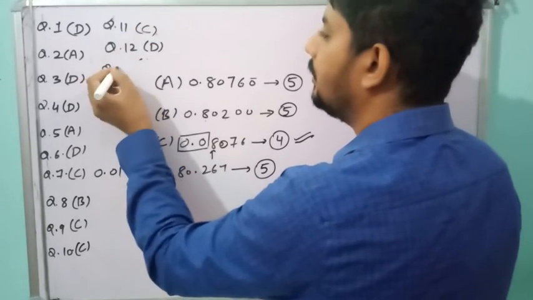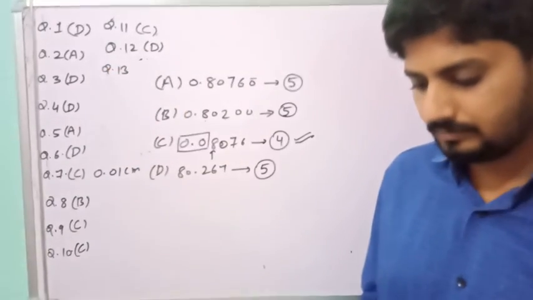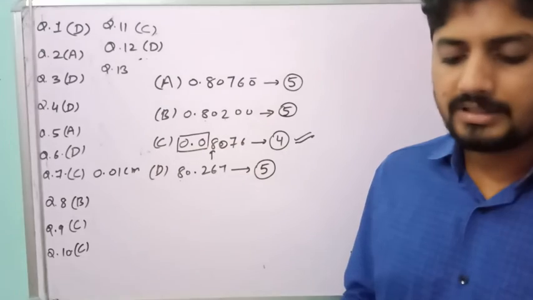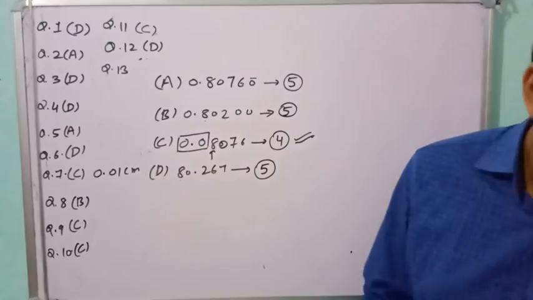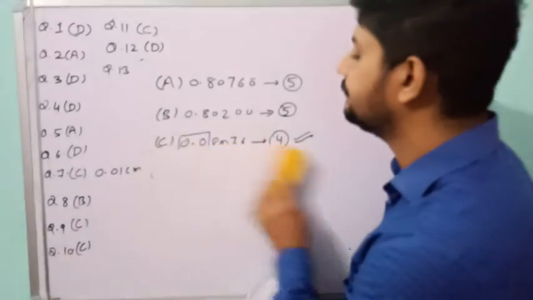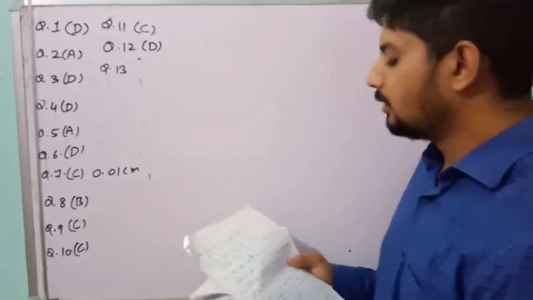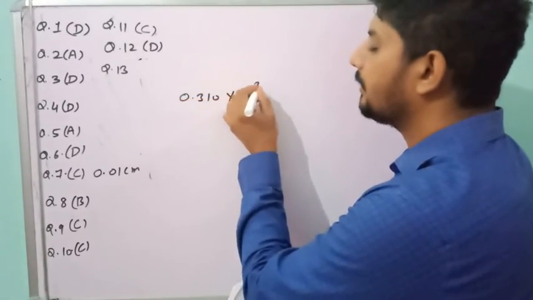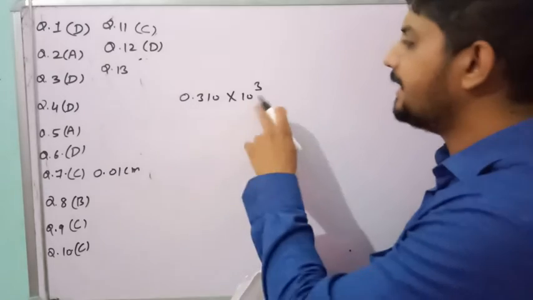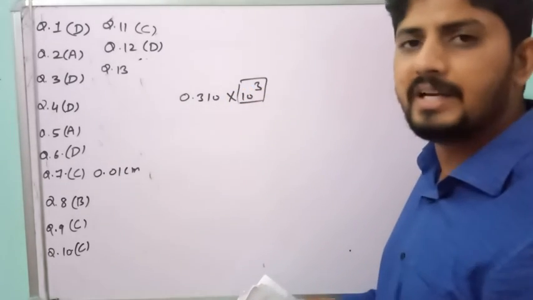Question number 13. What is the number of significant figures in 0.310 into 10 raised to power 3? Now I already told you that if 10 raised to power something is there, it is not considered in significant figures.